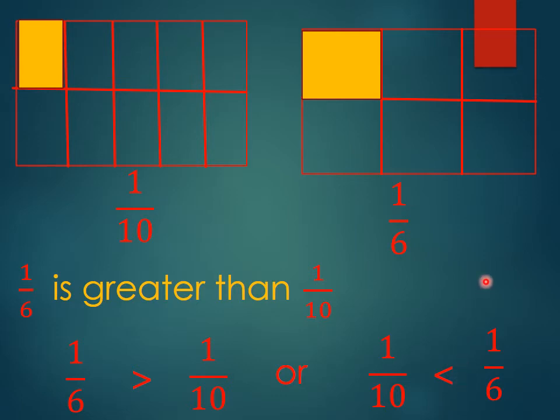In both of these cases, without doing any calculations, according to the numerator or denominator, we can reach the decision. What is the conclusion? The fraction which has the smaller denominator is the larger fraction.